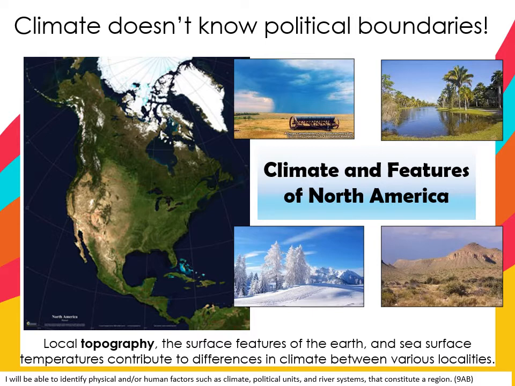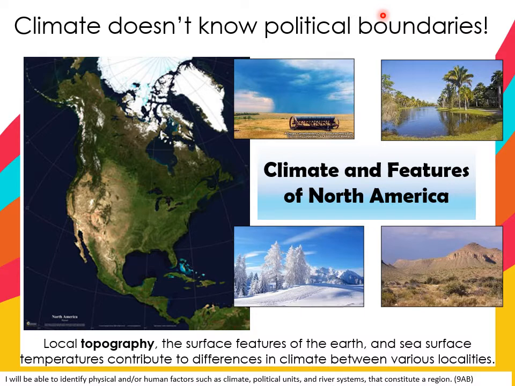All right. Again, climate does not know political boundaries. Look here. This is a satellite image of local topography. And if you see the topography and the climate, it doesn't matter whether you're here in the United States or down here in Mexico. Climate is climate. Okay? So each region of North America experiences a slightly different climate.